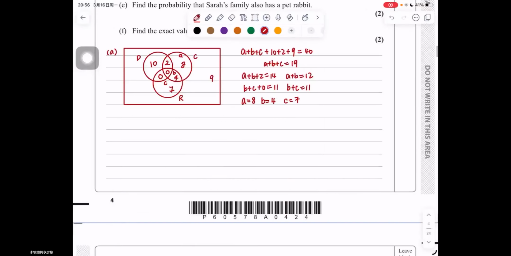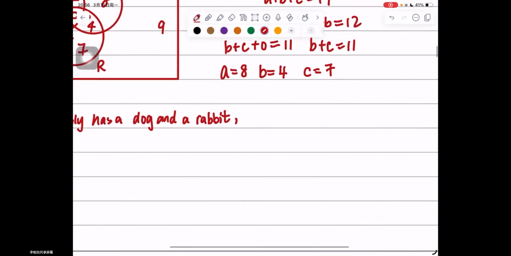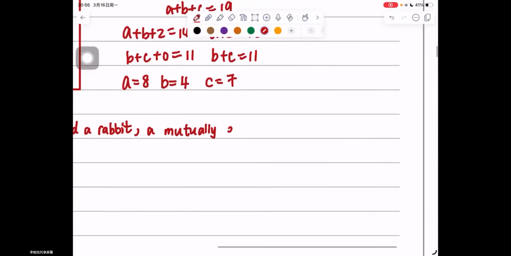Let's write it here with a reason: since no family has a dog and a rabbit. Because it says to give a reason, we cannot just say D and R. We must provide a valid reason for this. A mutually exclusive pair is D, R.